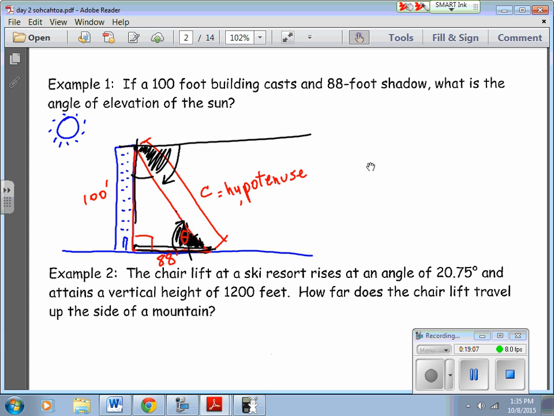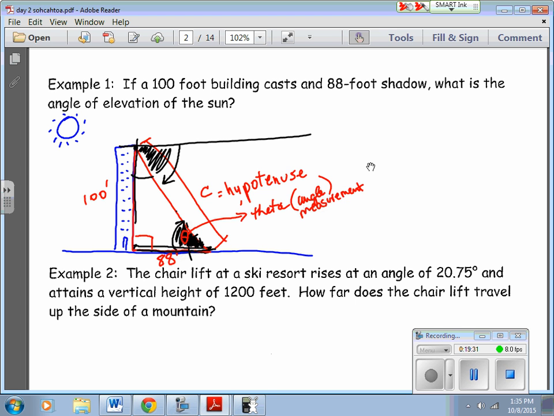And that symbol is called theta. And it's supposed to represent the angle measurement. So that symbol is the angle measurement, that theta. Okay?